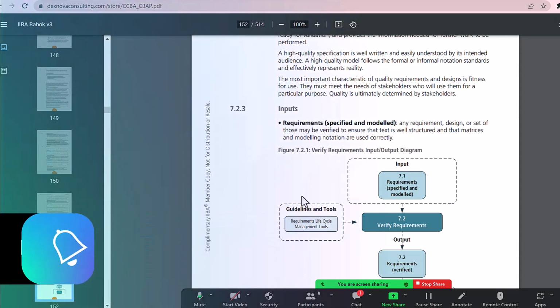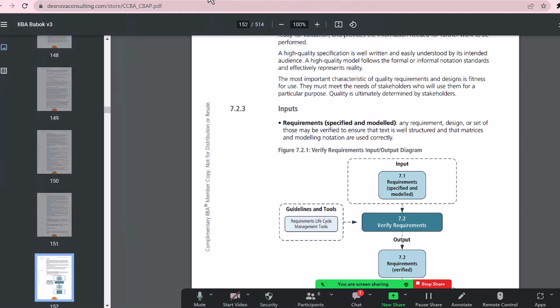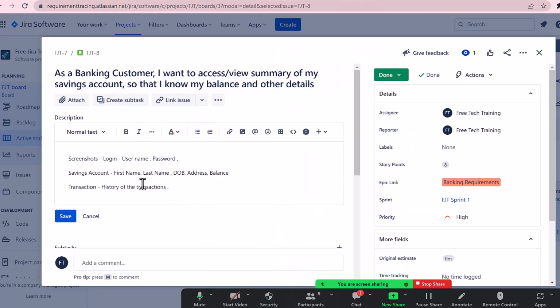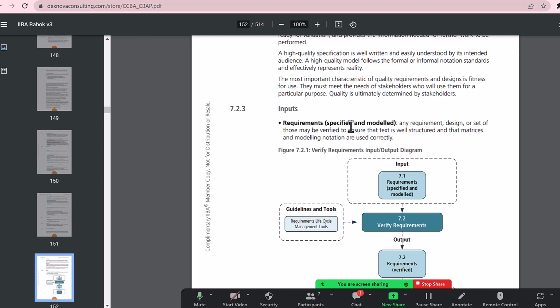Earlier it is in any state, but once you document it here, you have specified everything, you have attached all your documents related to this particular requirement, you linked all the issues, you created subtasks, you've done all the grooming here, you added the sprint, and the reporter or who was going to work on it. So you added everything. So now it is specified and modeled. This requirement is very well structured, and we have used everything.